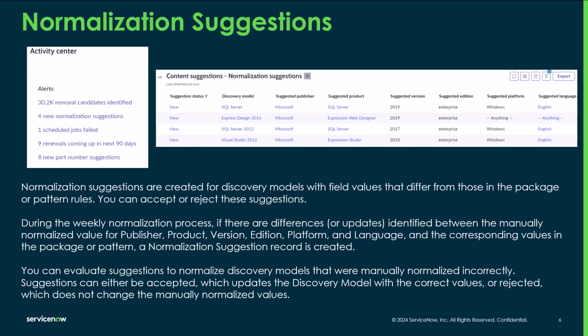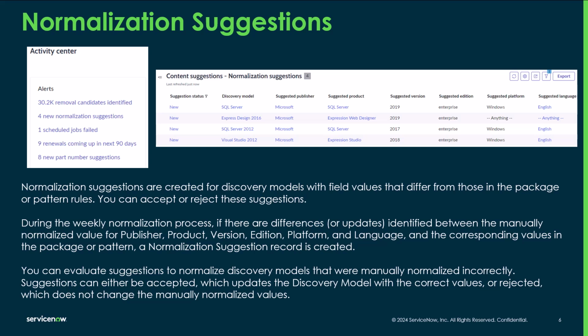Also, what you will find is normalization suggestions. Those are a little bit different than part number suggestions. Basically, normalization suggestions are created for those discovery models where the values are different than what's in our content library, and you'll have the option of reviewing these.